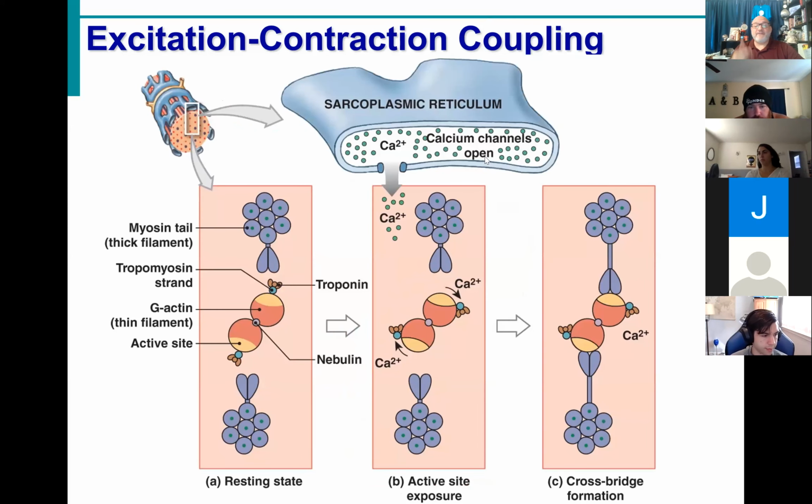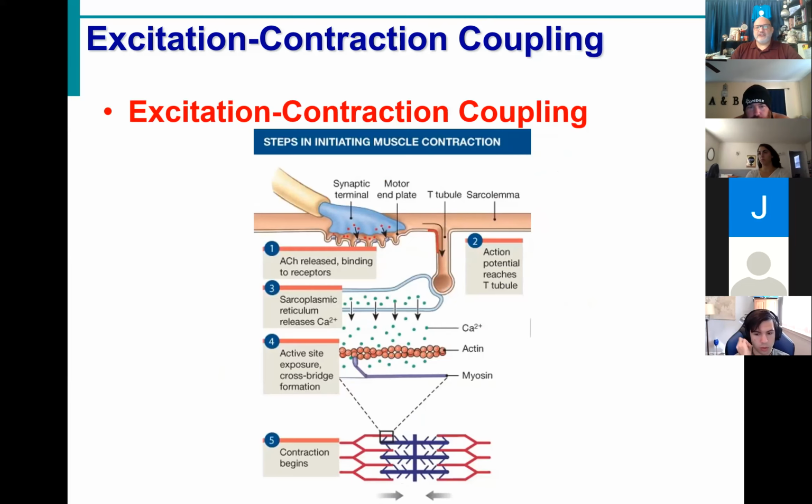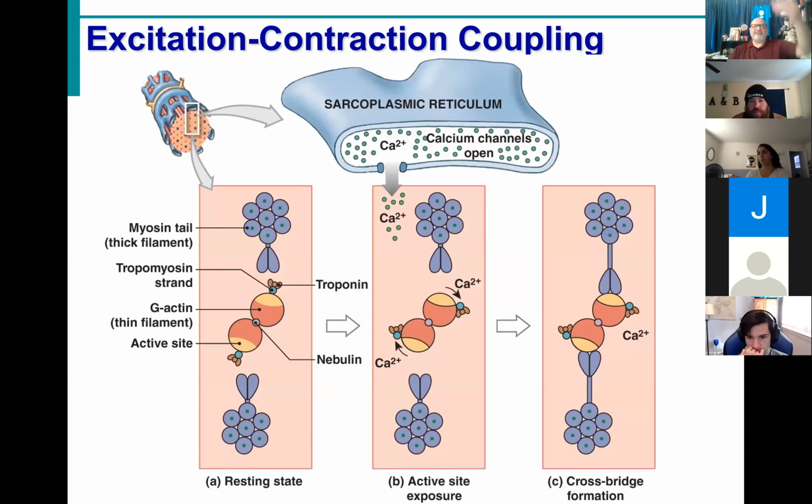Although this is actually my favorite picture. Most of the pictures that you see from this, like this illustration here, show us a longitudinal view. What I love about this one is this one shows it in cross section. Notice what we can see really nicely here is, again, here is our binding site on the actin that the myosin heads want to grab onto.